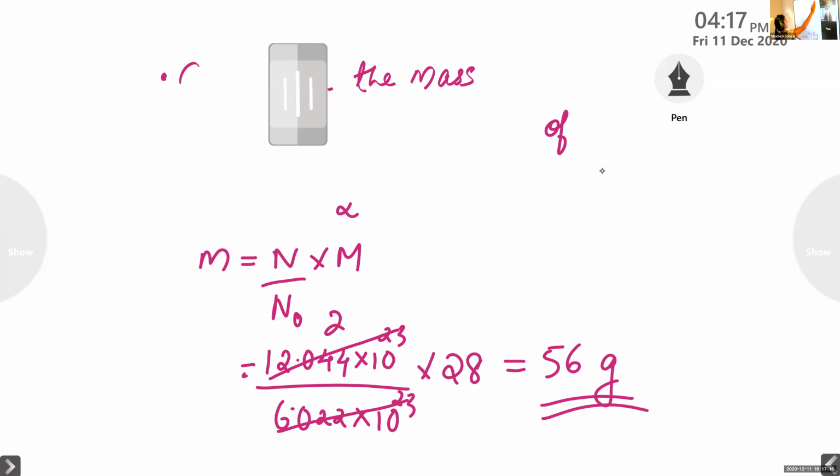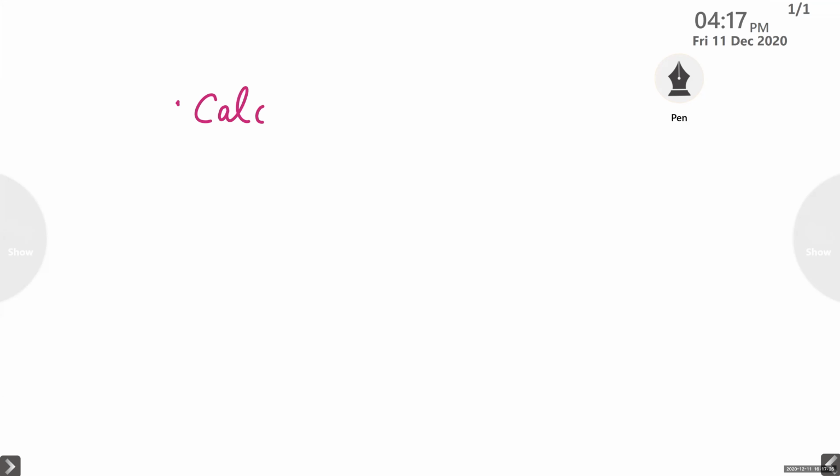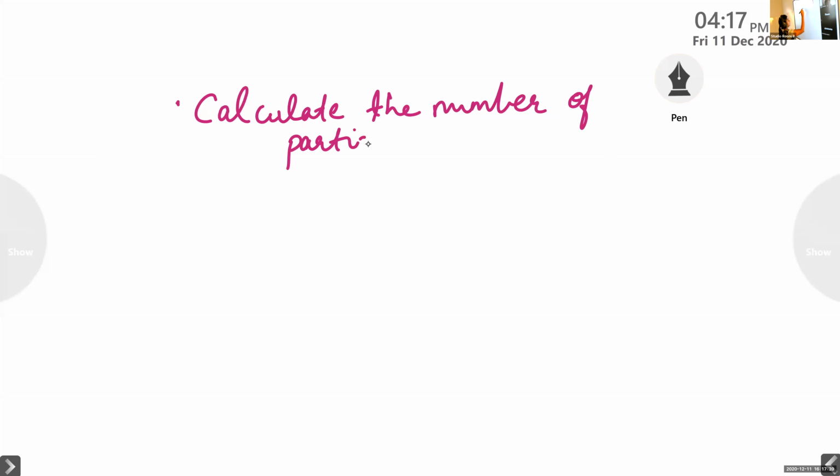Then the next question is that, calculate the number of particles in 46 gram of Na atom, sodium atom.